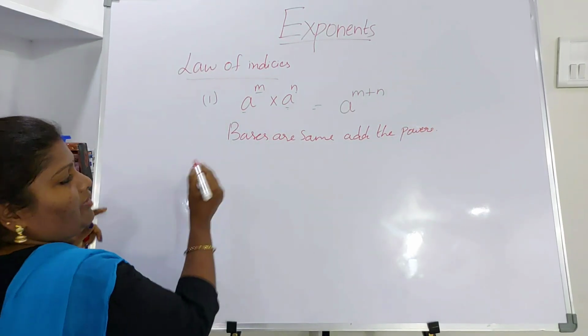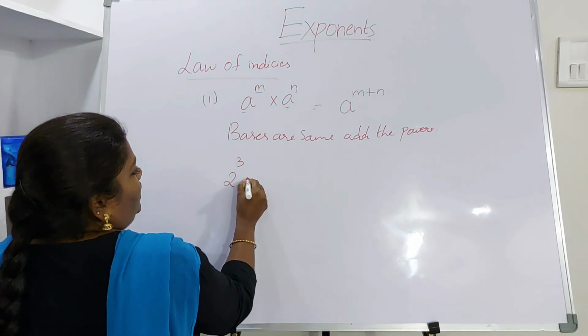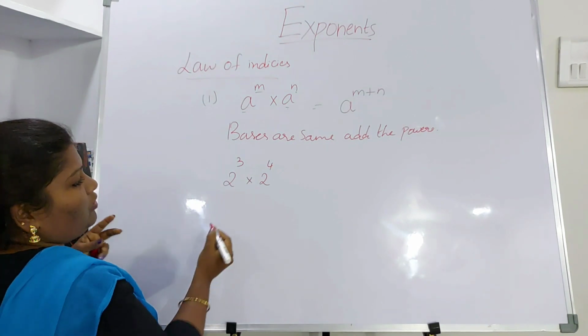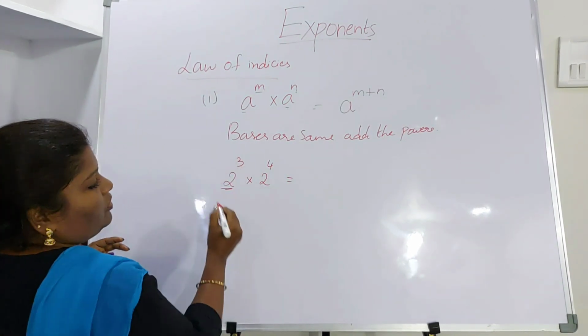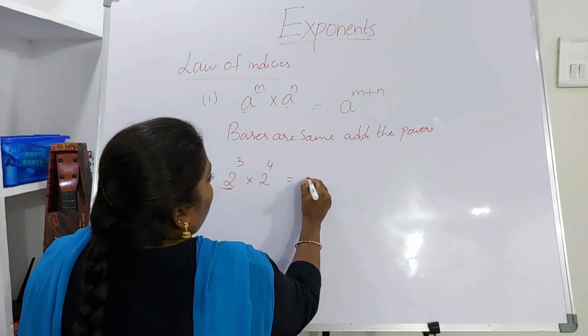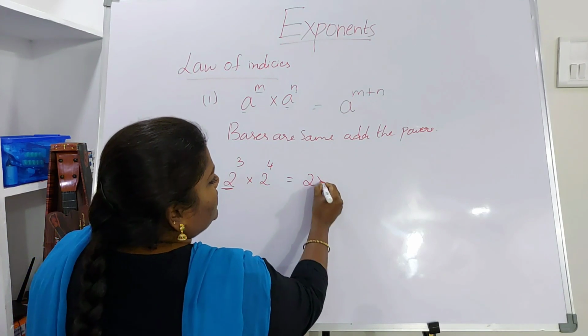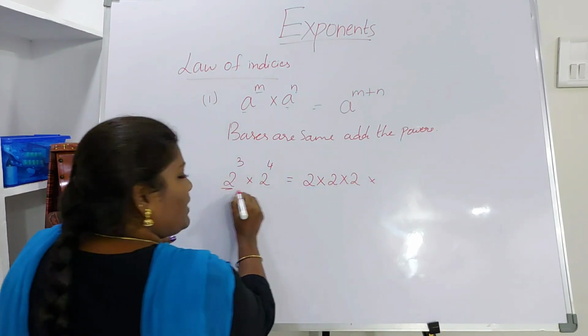Now I'll give an example. For instance, 2 to the power of 3 into 2 to the power of 4. Now normally what is this 2 to the power of 3? It is nothing but 2 multiplied 3 times. So I'm just expanding it.